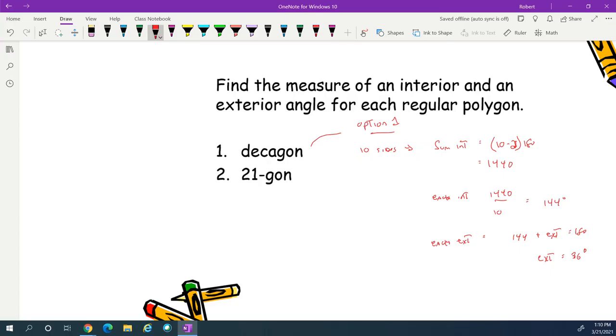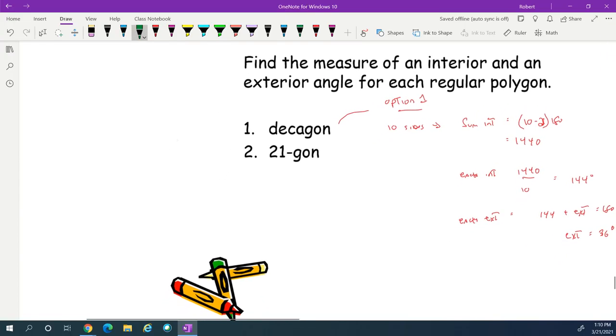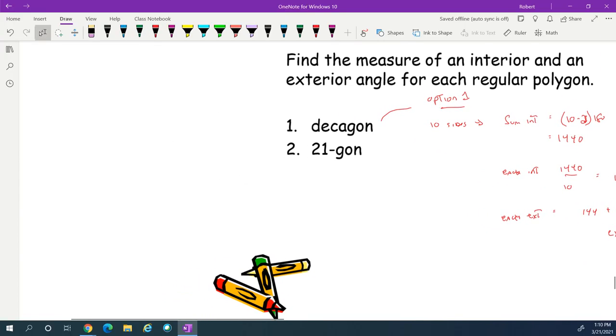We can follow option 2. Instead of going for the sum of the interior, we can work with the sum of the exterior, because we already know it's 360.